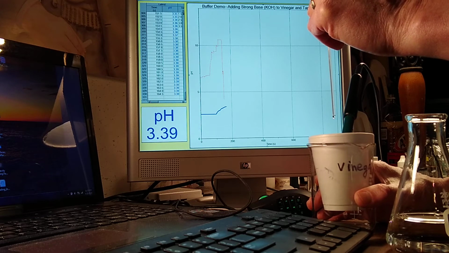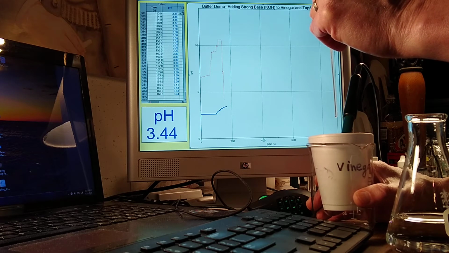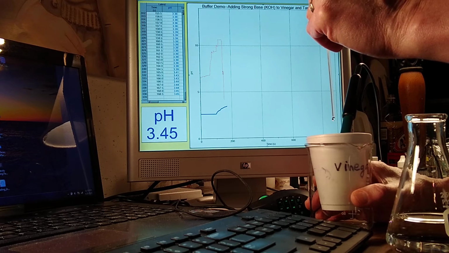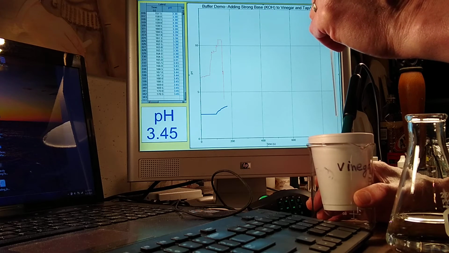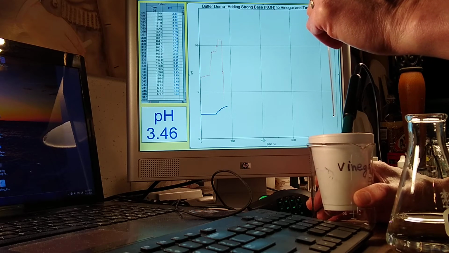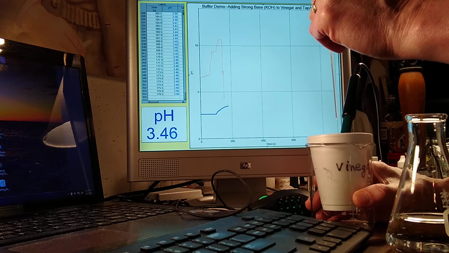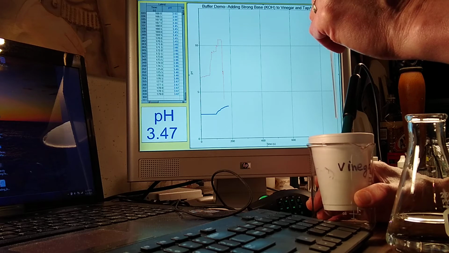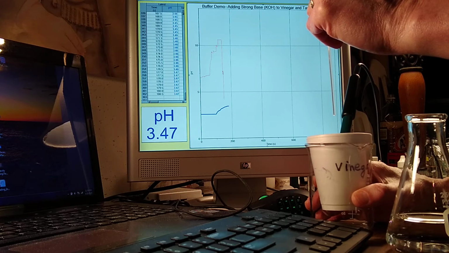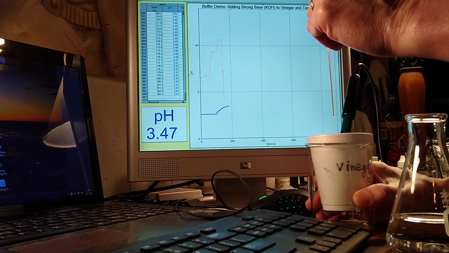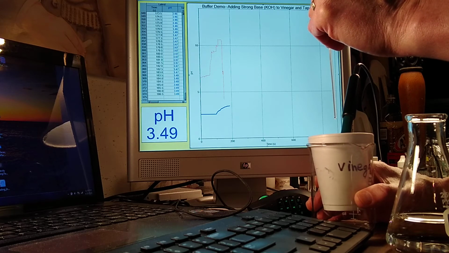So the reaction that you would think about or write is aqueous potassium hydroxide, KOH, plus vinegar, so not vinegar but acetic acid, which is the molecule that's reacting. Vinegar is mostly water, but you can see that the graph is pretty flat right now.